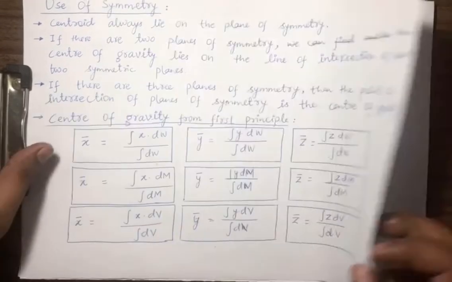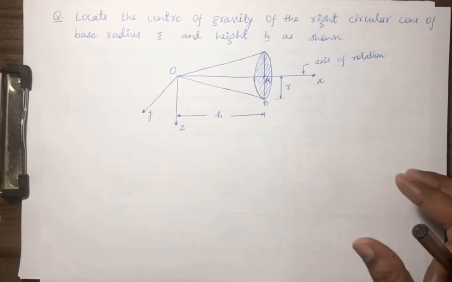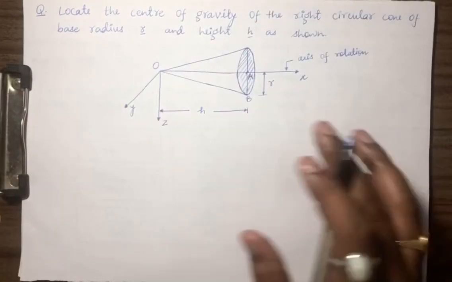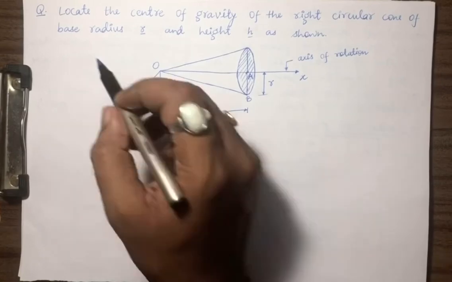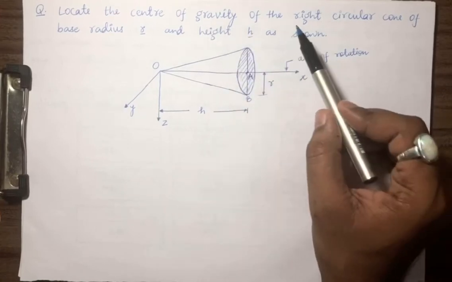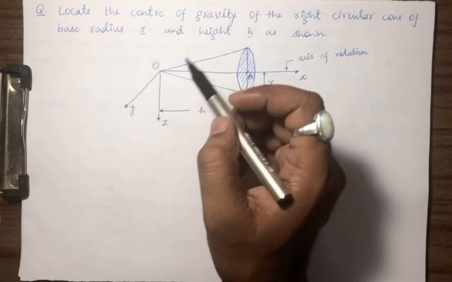We are going to solve a small problem, and I am giving you the overview of how we solve a problem for the centroid. The question is: locate the center of gravity of the right circular cone of base radius r and height h as shown.